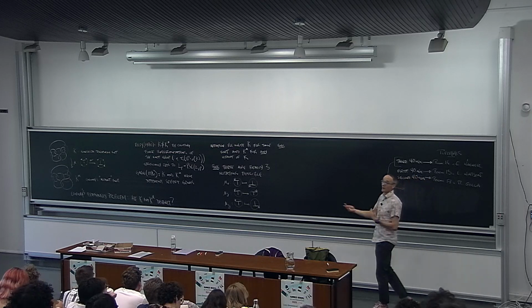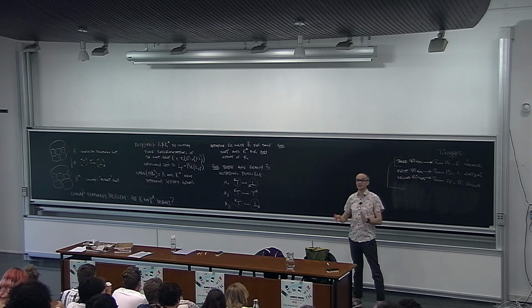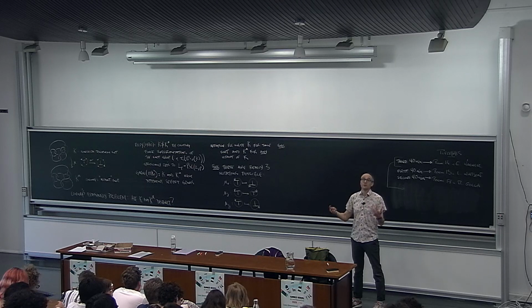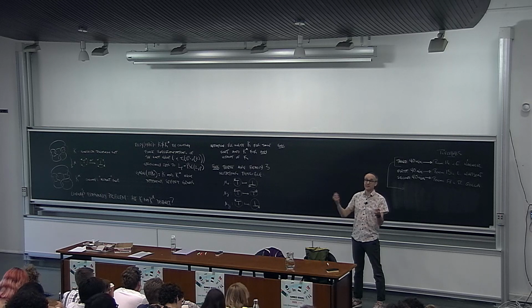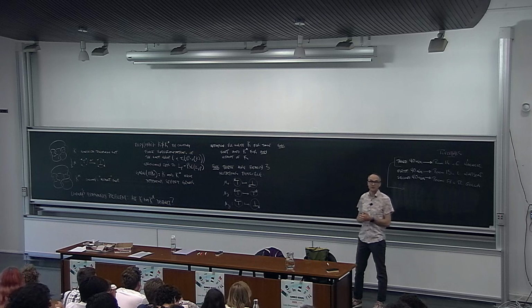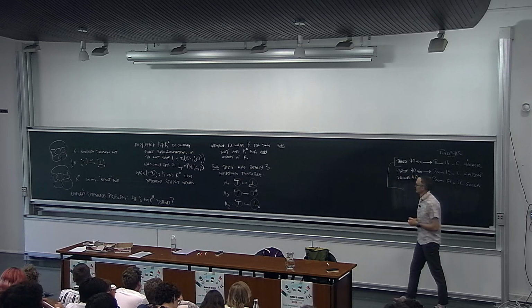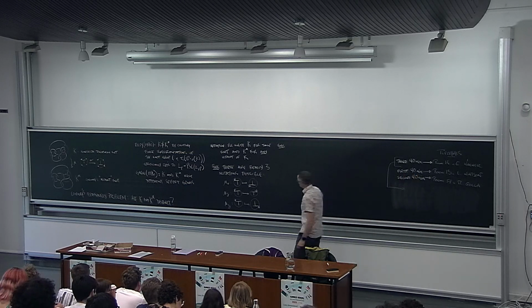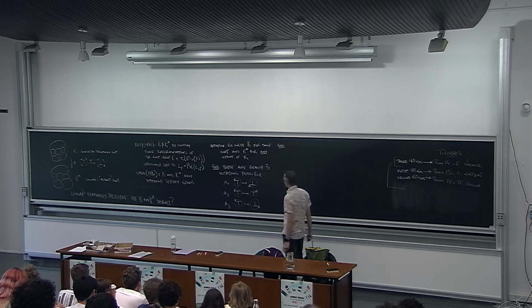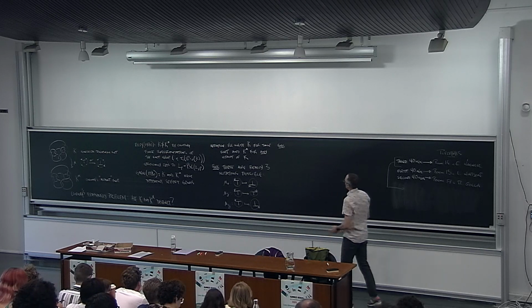But when I want to talk about a mutant pair in general, say K and K mu, what I'm asserting is that K and K mu are related by some choice of tangle, some choice of mutant operation. Okay. And hopefully it'll become a little more clear why getting into the weeds is not so important.